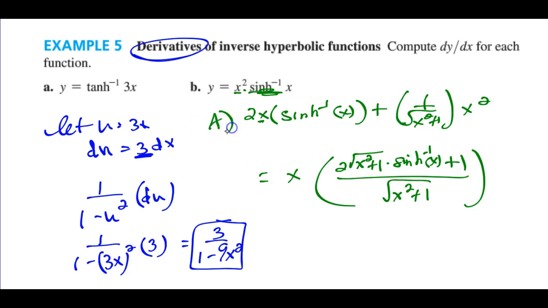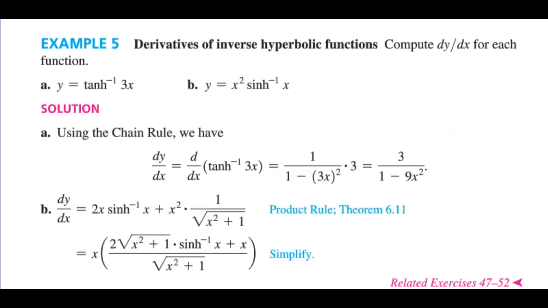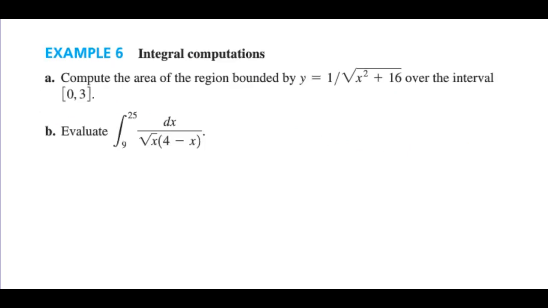But I don't know, maybe answer A is the more simplified, but maybe answer B. I hope you can get there by finding a common denominator and factoring out an x. Oh, the author did that too. So practice adding fractions.